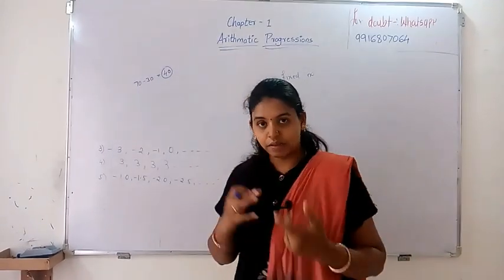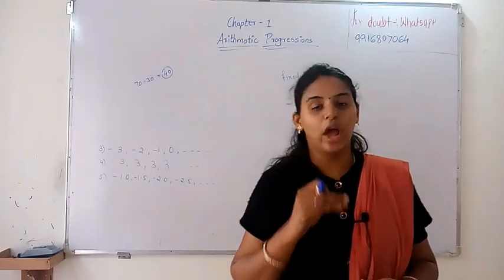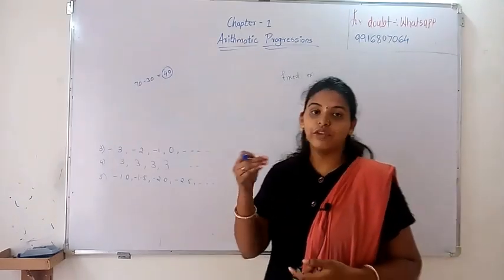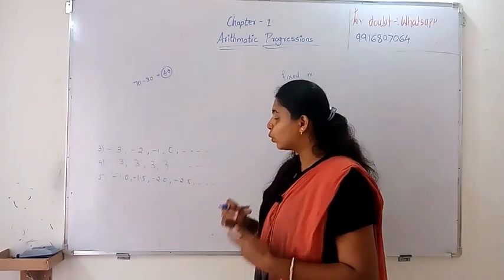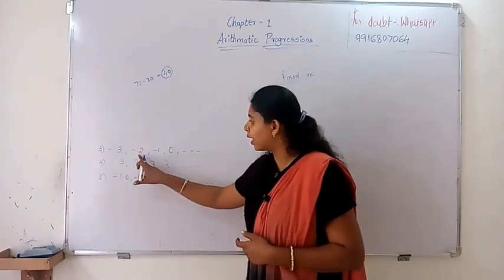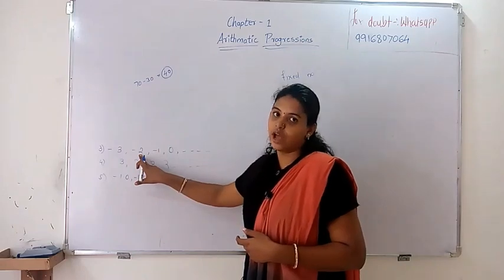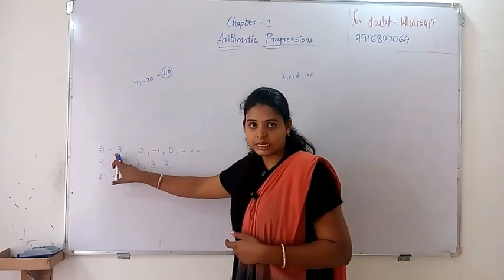For minus 3, which number we have to add or which number we have to subtract, that number we have to find out. So that will get this minus 2, succeeding value of this minus 3.